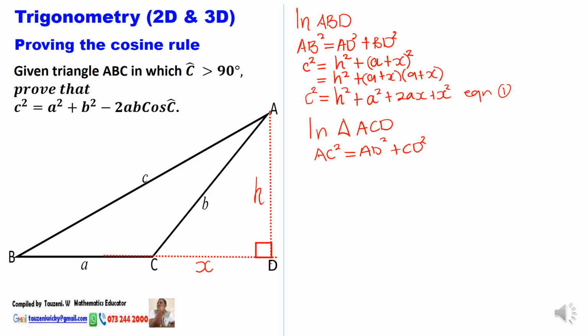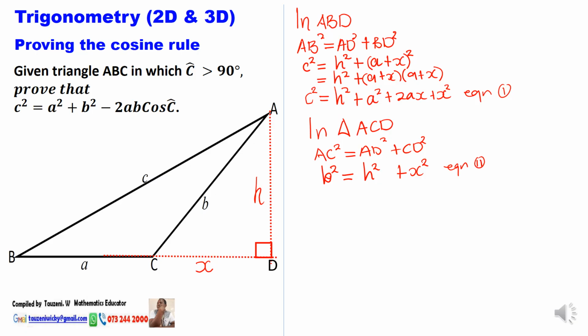AC squared, that is now b squared, because AC is equal to b. A to D is h, so that will be h squared, and CD is equal to x, that will be x squared. We have done this using the theorem of Pythagoras. Now, this will give us equation number 2.